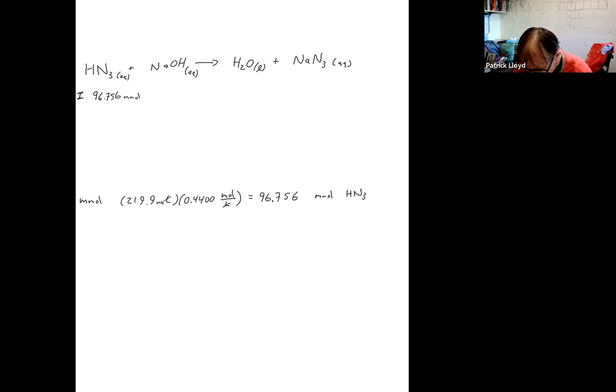Now let's do the same thing for the NaOH, millimoles of NaOH. The NaOH is 186.9 milliliters, and the concentration is 0.5500. Again, molarity is moles per liter.